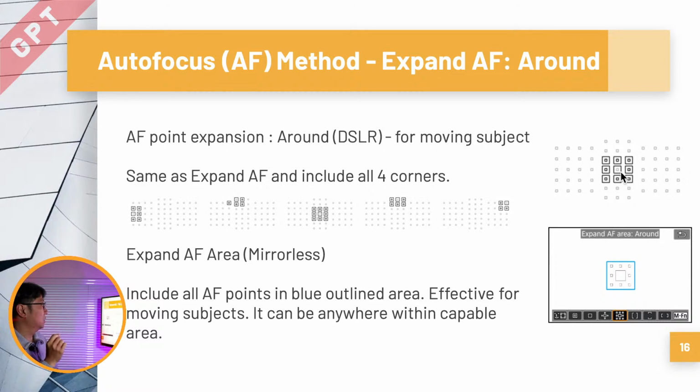It will focus primarily on the center object of this box, but with the round shape, like all the boxes, all the sensors around it. So the camera can predict the movement, anticipate the movement, and refocus faster. This is the idea. For example, if some guy is running and you want to do it this way.